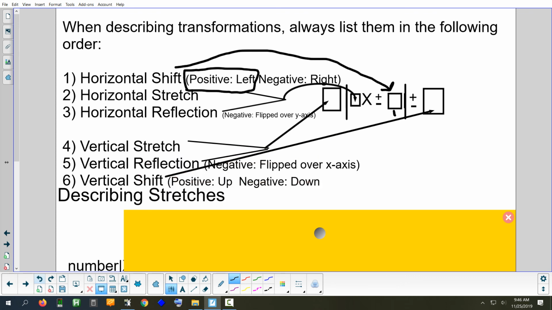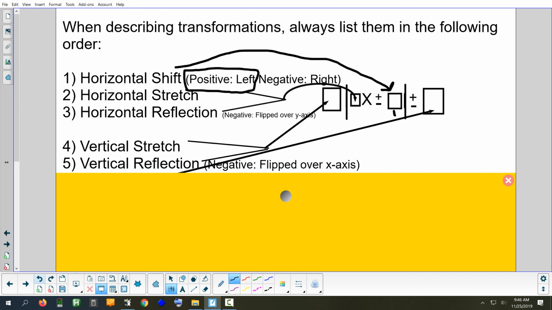All right, so let me do that so you guys can see it. Box 4. That's box 4, right there. It's putting a number in front of the bars. We're going to do an example of each one.